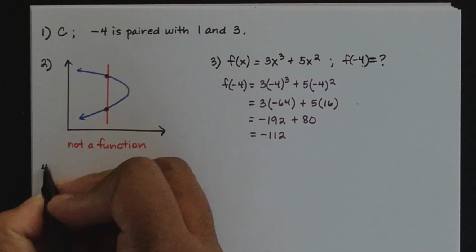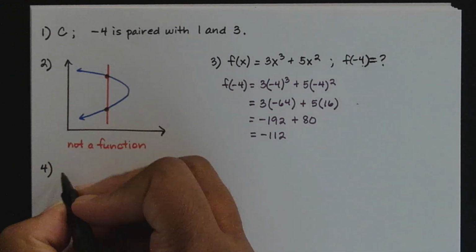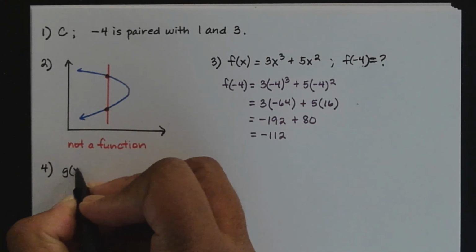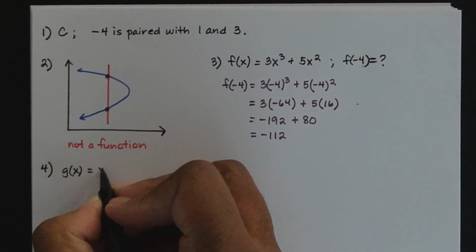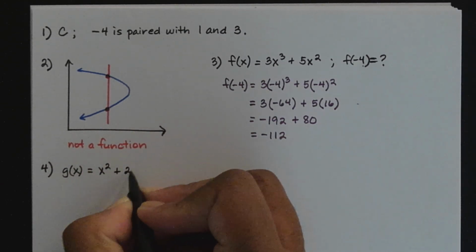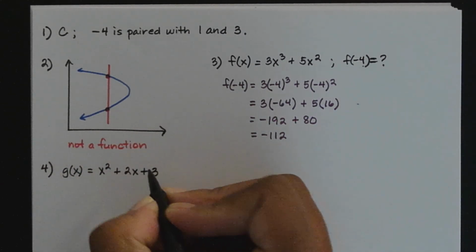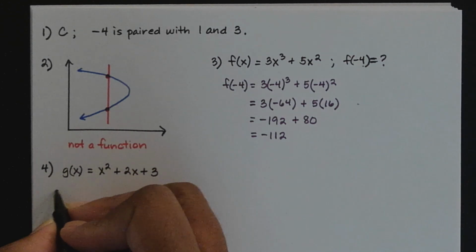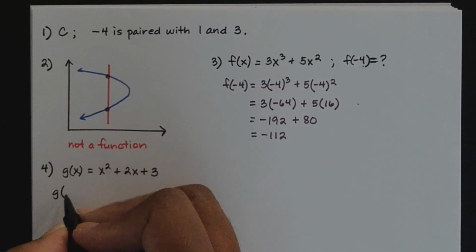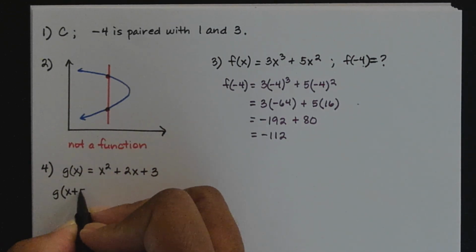All right, number 4. Here we got g of x, and that's equal to x squared plus 2x plus 3. And we want to find out what g of x plus 5 will be.